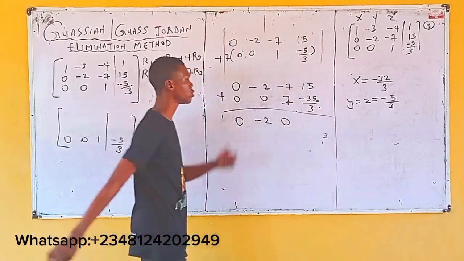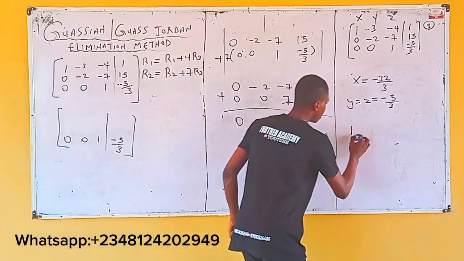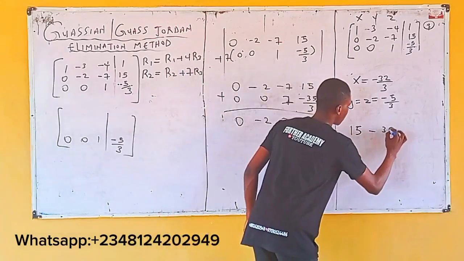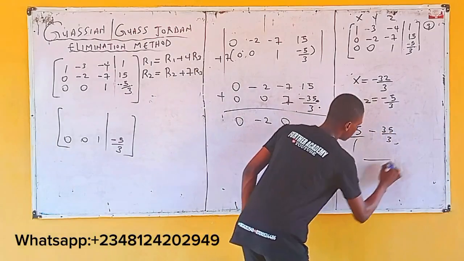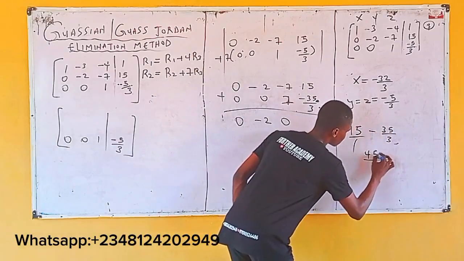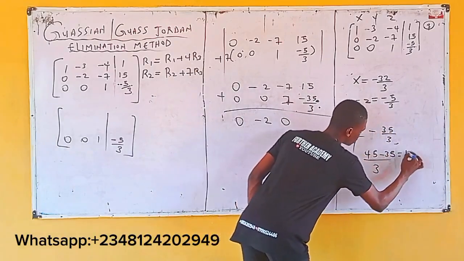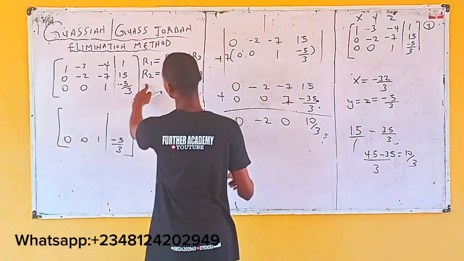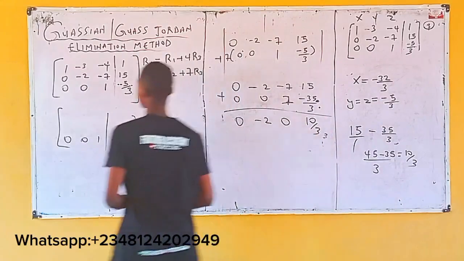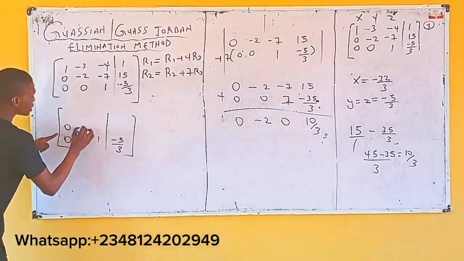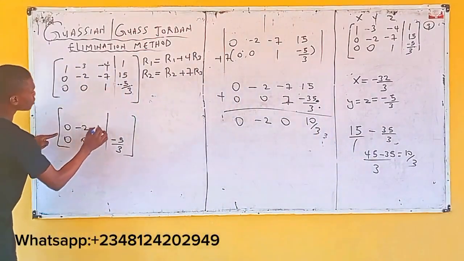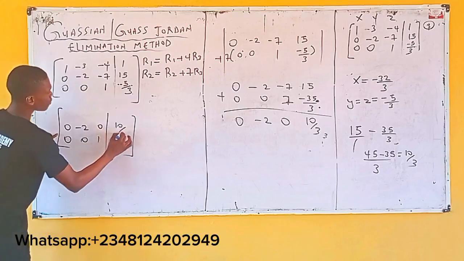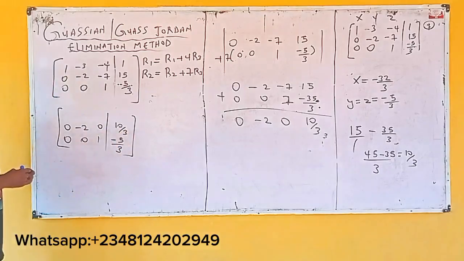This minus this is what? 15 minus 35 over 3. This is 3, this is 45 minus 35, and this is 10 over 3. So for row 2, you have 0, negative 2, 0, 10 over 3. Are you getting me?